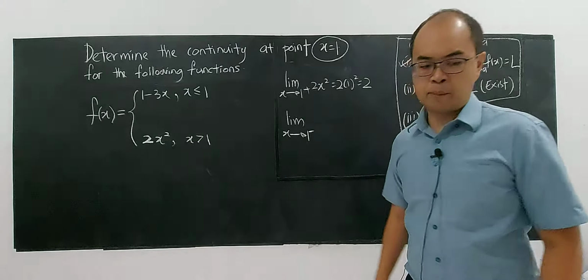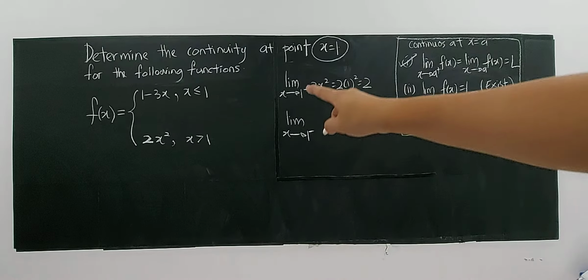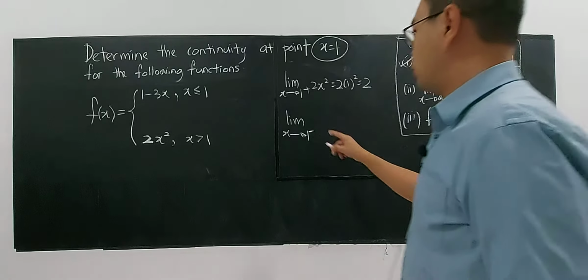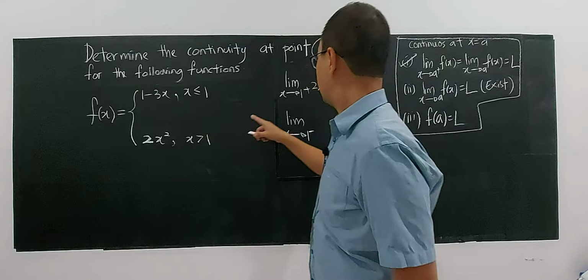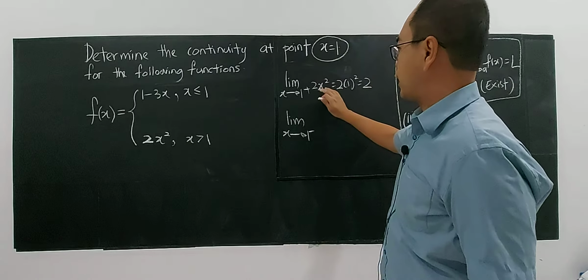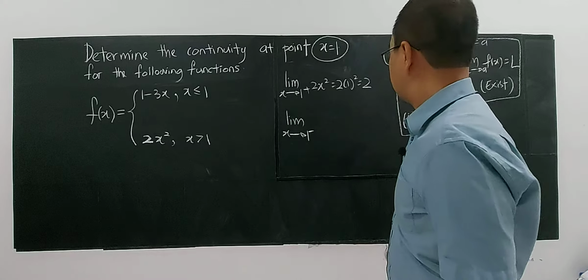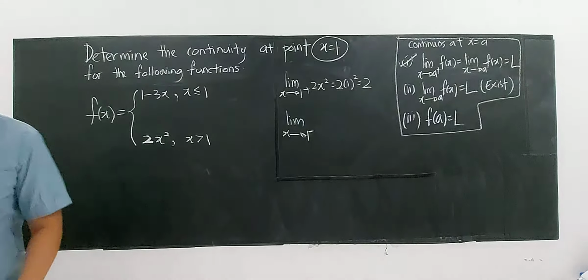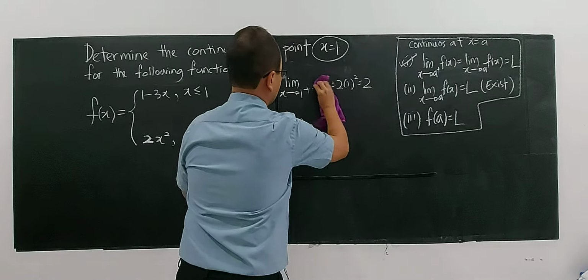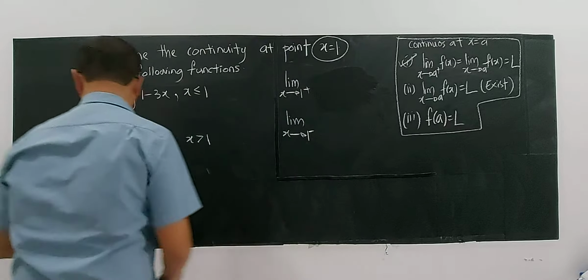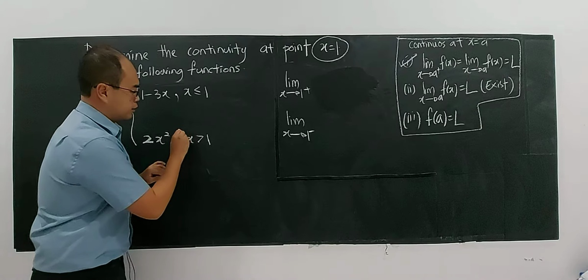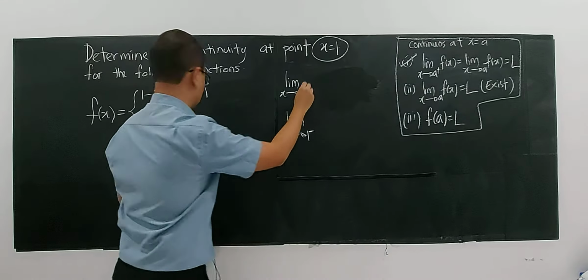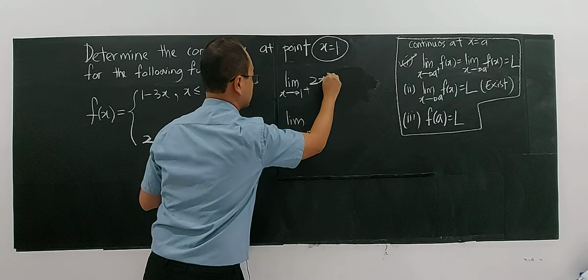So for x approaching 1 from the left... Sorry, I chose the wrong function earlier. So this one, from the right, greater than 1, you will have 2x to the power of 2.